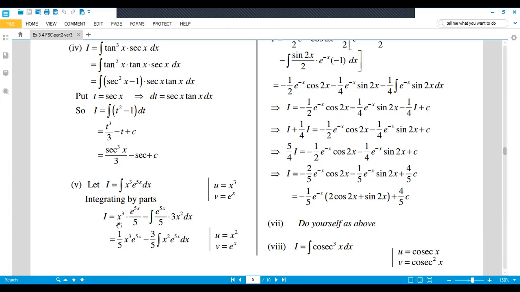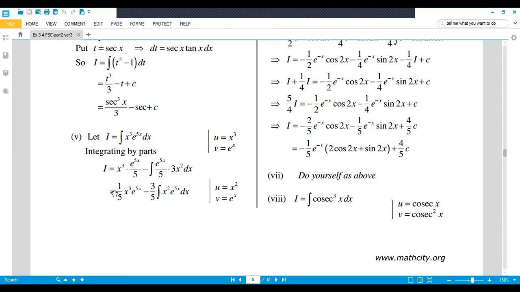So the first term we write as it is, times the integral of the second term e power 5x, and the derivative of 5x is 5, which will come in the denominator, minus the whole integral of e power 5x divided by 5, and the derivative of x cube, the cube will come as the coefficient, and from the power subtract 1, so 3x square dx.